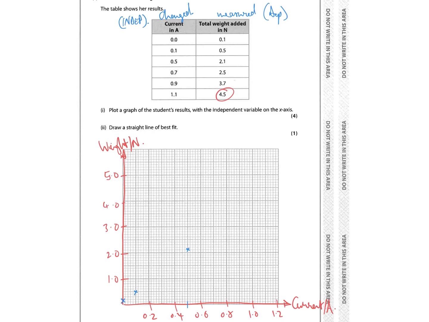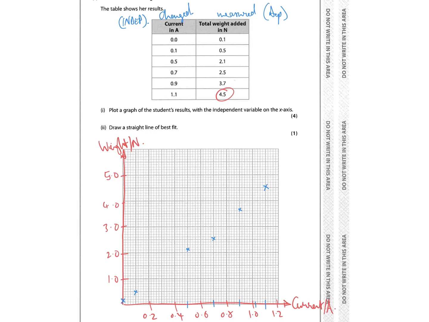At 0.7, I'm looking at 2.5. Okay, and then I'm looking at 0.9, 3.7 there, and 1.1, looking at 4.5.